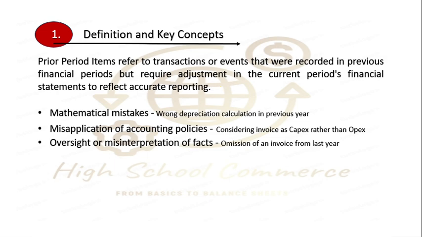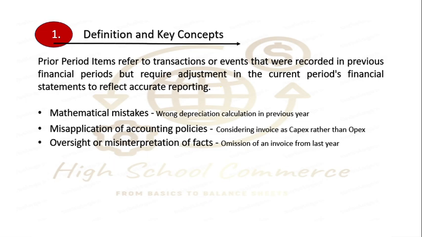To get it correct, we have to revise the past financial statements so that we get a correct value of the asset, and accordingly our financial statement will show the true and fair view.